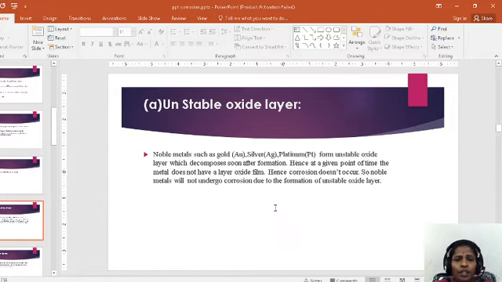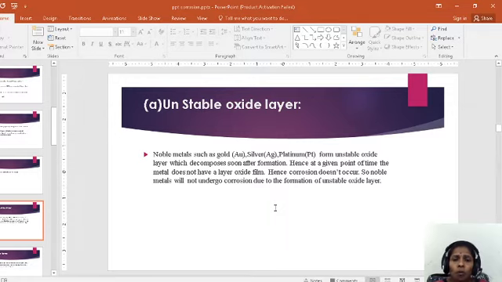What is tarnishing of silver? Tarnishing of silver is nothing but a black layer forming on the surface of the silver metal. But is it a permanent layer or a stable layer? No, it is not a stable layer. It can be removed very easily by washing.